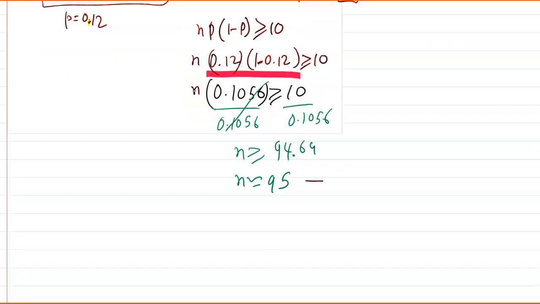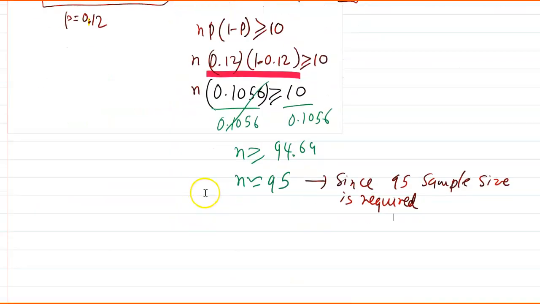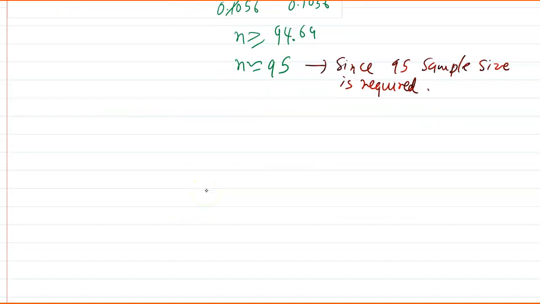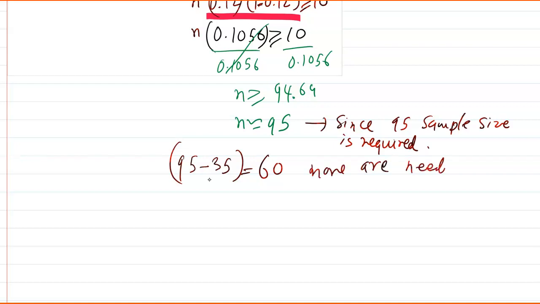Therefore, since a sample size of 95 is required for the sampling distribution of the sample proportion to be approximately normal, but the researcher only did 35, how many more do we need? 95 minus 35 gives us 60 more that are needed, right?